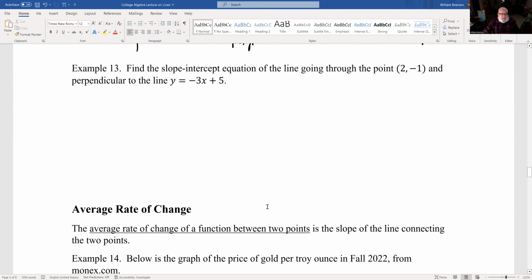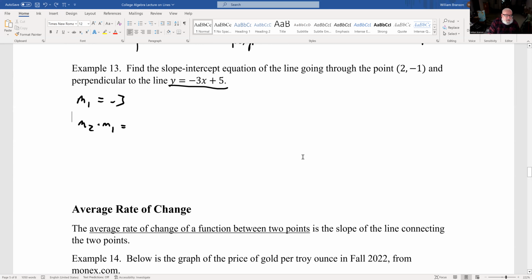So same kind of process here. I want something perpendicular to this. So I want something with a slope m2 times m1 equal to -3. No, sorry. Product of the slopes is -1.